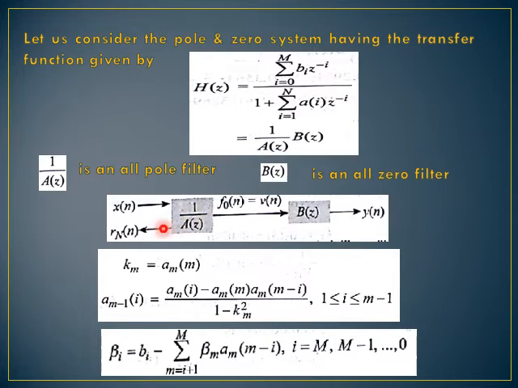We first calculate the pole filter, then cascade it with the zero filter. Again we use the same formula to calculate the values of Km and Am minus 1, and then we also calculate the value of Bm minus 1 of I. These are the two formulas you need to remember for further calculation.